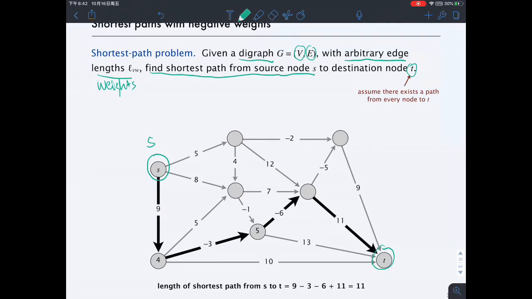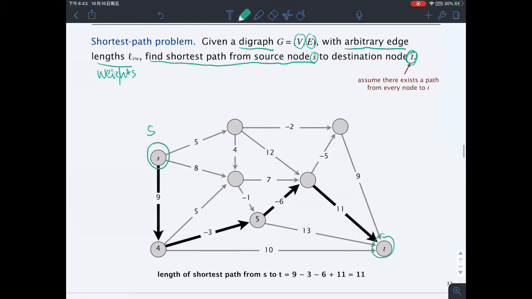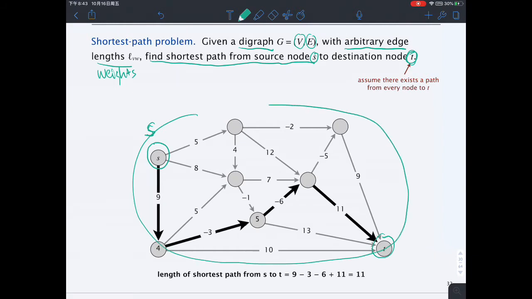Here, just for getting the most important concept out, we really just want to find the shortest path between two specific nodes. Although at the end of the day, we are able to find the shortest path between all pairs of nodes. Right. So for this particular example, just look at this whole graph, right?